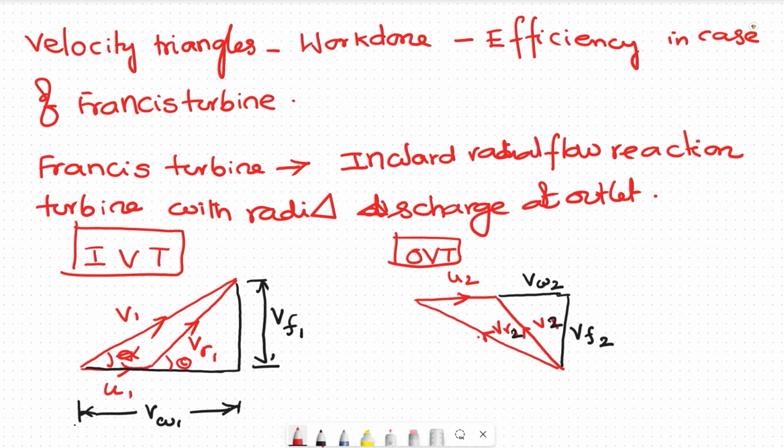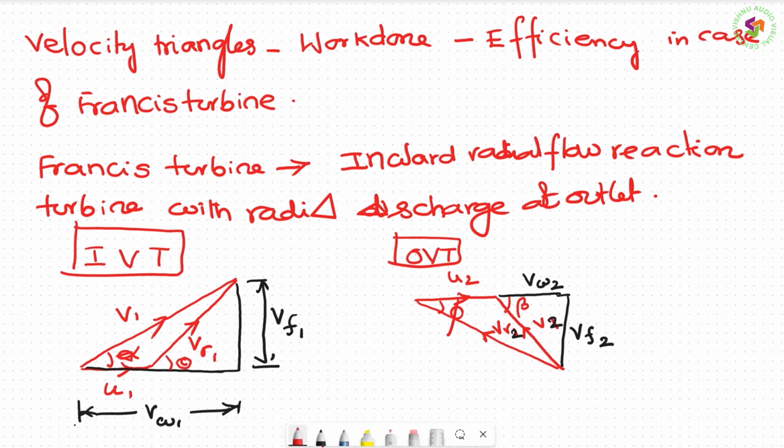The angle made by the relative velocity with the horizontal at outlet is called phi, whereas the angle made by the absolute velocity with the horizontal at outlet is called beta. This is what we have learned.